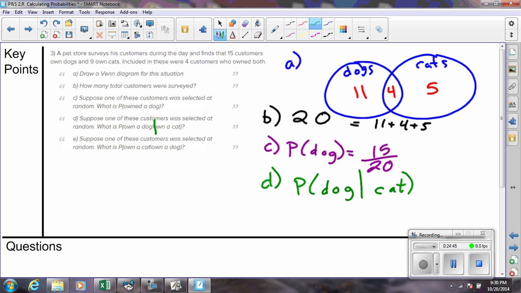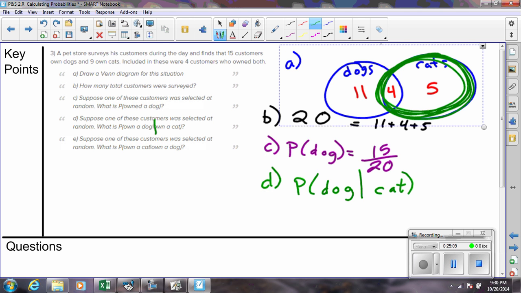We are saying probability that they own a dog, given that the only people we are considering at all are cat owners. Well, when we're looking at this piece, then, these are the only people for this problem that exist. Given that they own a cat, how many are there?